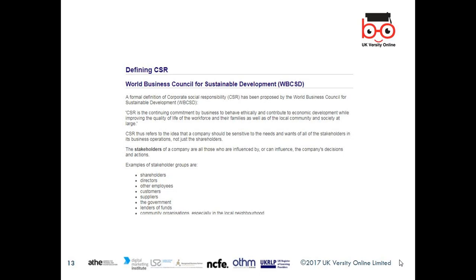What is the difference between stakeholders and shareholders? No idea? What is the difference then, stakeholder and shareholder? Shareholders are the ones who have invested in the business. Okay, shareholder means anybody who has any investment in the business.